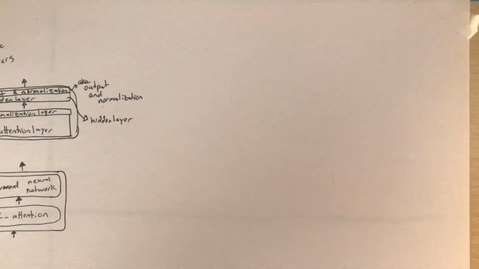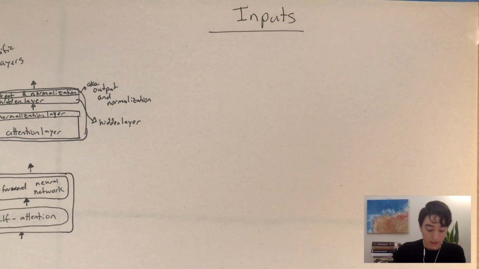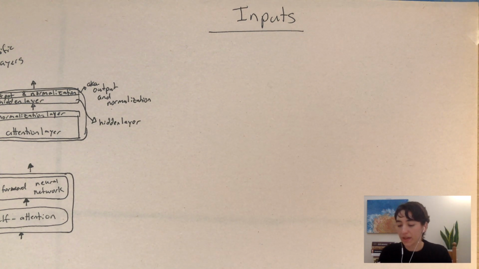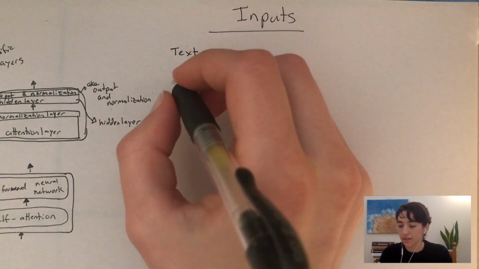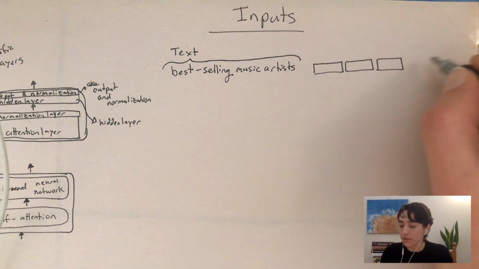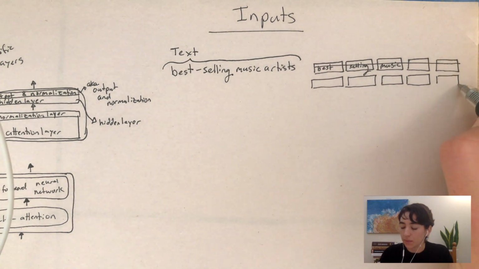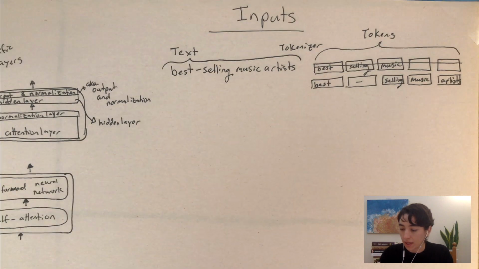Let's do that. First, what we do is we take our raw input words and then we tokenize them. So what we have is our input text. We feed it through a tokenizer, and what that does is we take each word and we break it up, including the punctuation, into these subsections. Now, how this is done is really dependent on the task and the tokenizer being used.